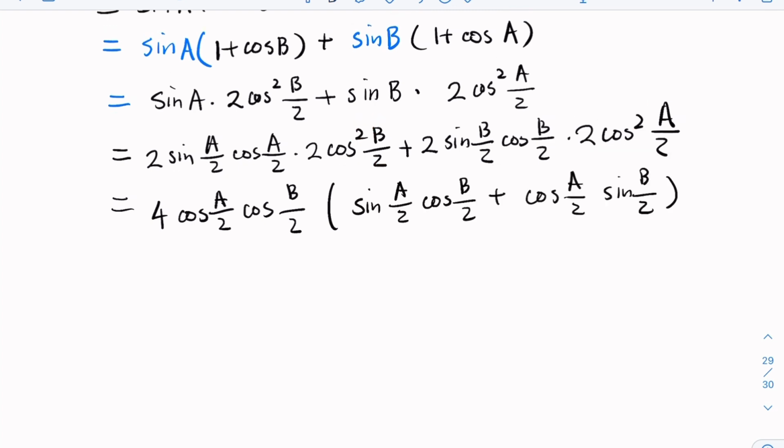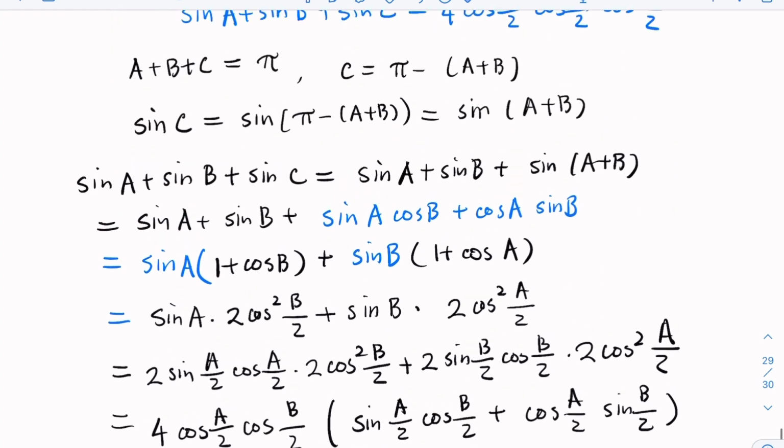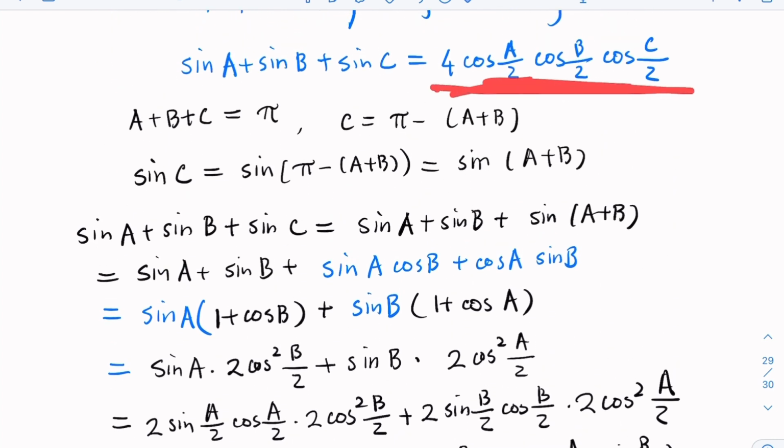All right. Here you recognize this is going to be sine alpha cosine beta plus cosine alpha sine beta, so sine of A over 2 plus B over 2. So what is the term here? We want to turn that into cosine, because the right hand side is cosine.